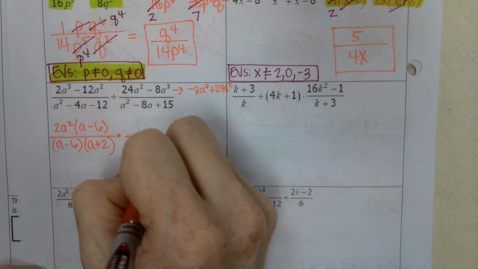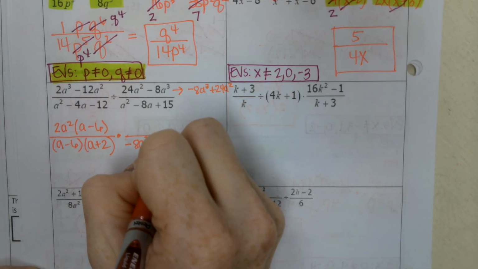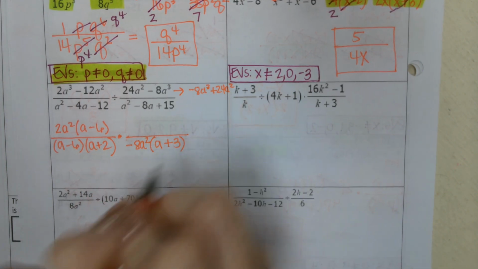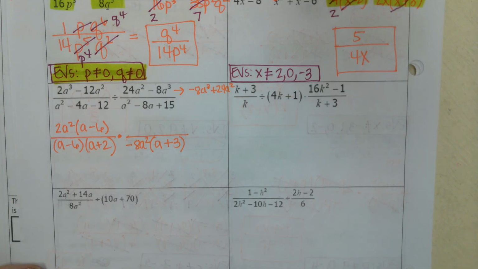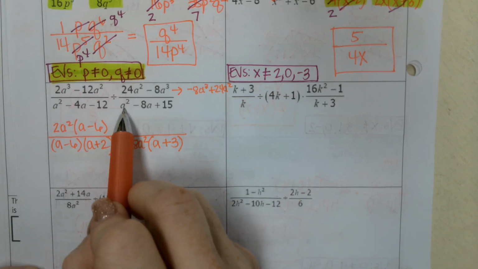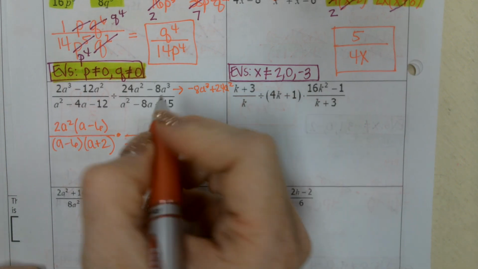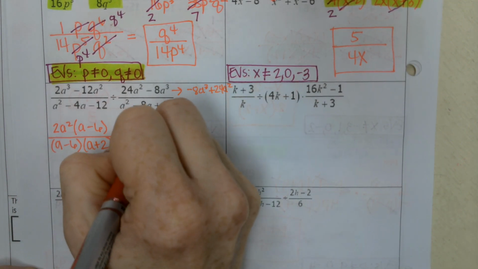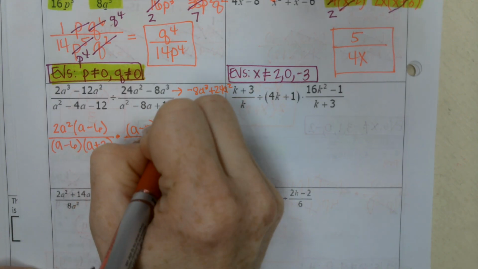That leaves me with a positive a plus 3. And then how does this factor right here? Negative 5 and negative 3.